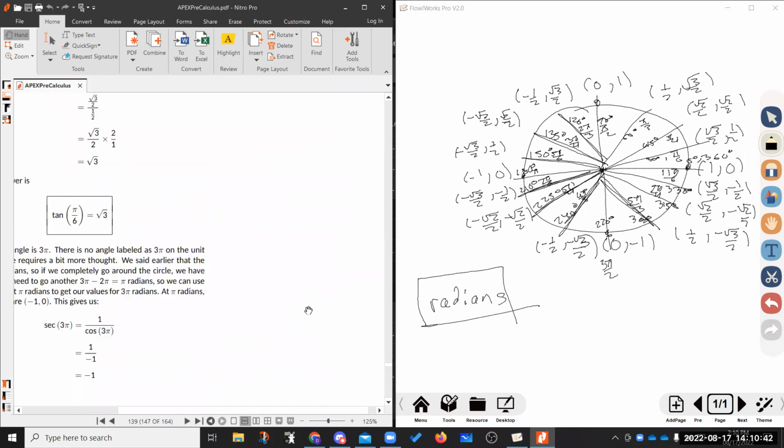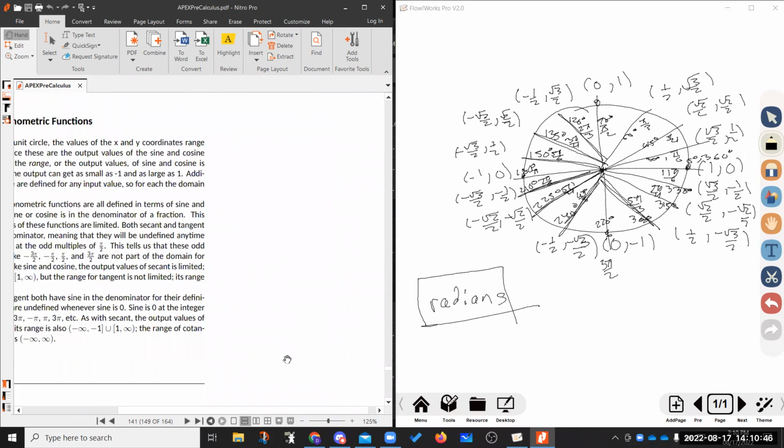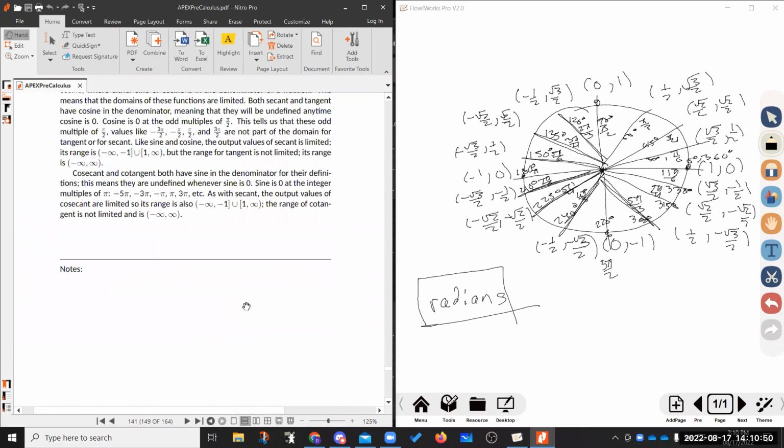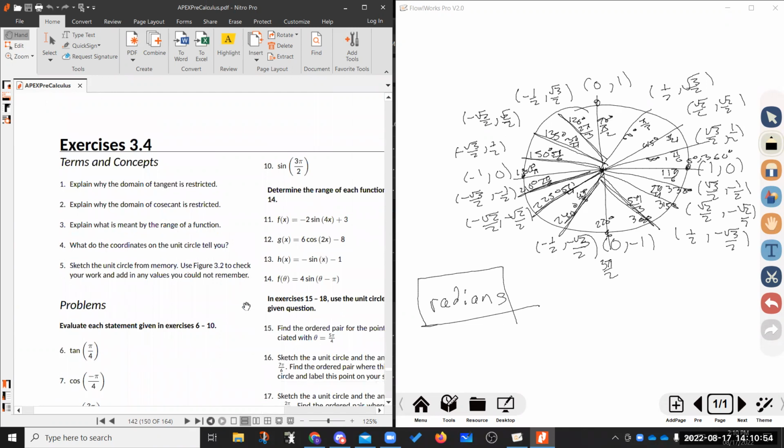So it is very important for us as we study trigonometry to have our unit circle memorized. Though, do not depend completely on your unit circle. It only helps you when your radius is 1.